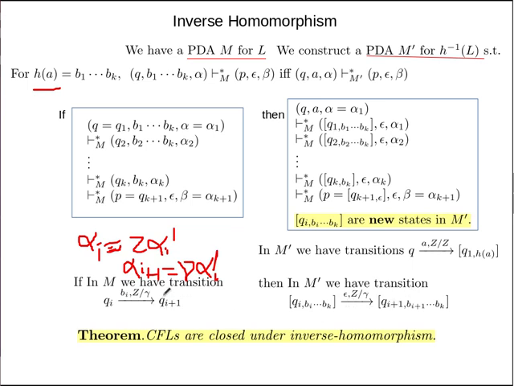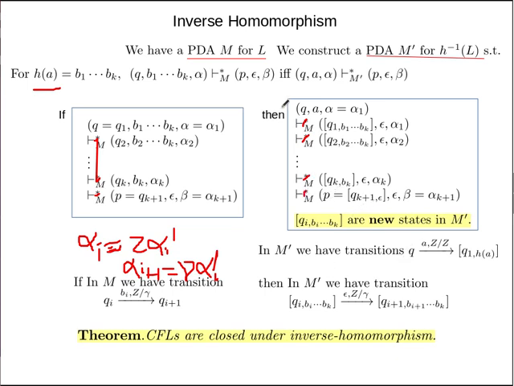And this ensures that, okay, for the first step, going from here to here, we make this. So it consumes this a, right? So these are epsilon transitions. And again, these are all single step transitions, so we do not have these stars here.